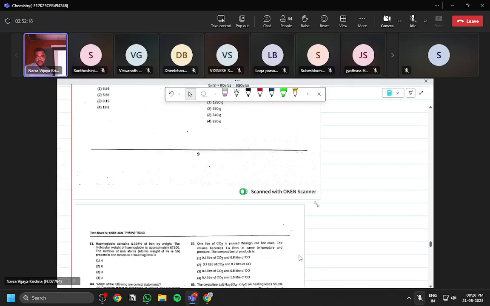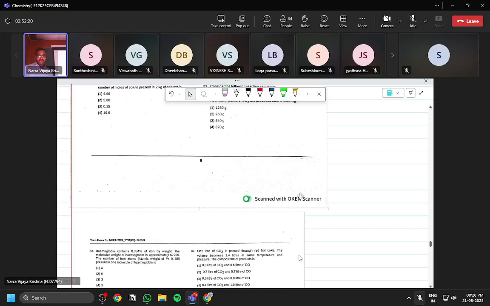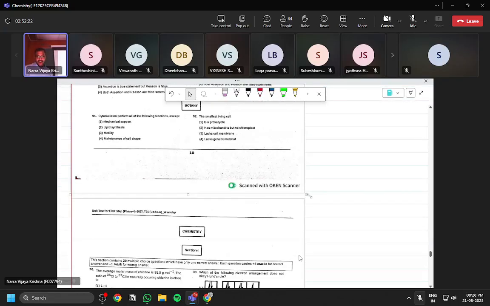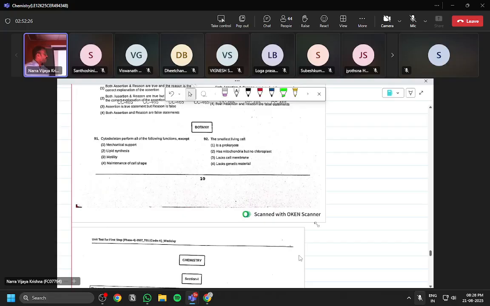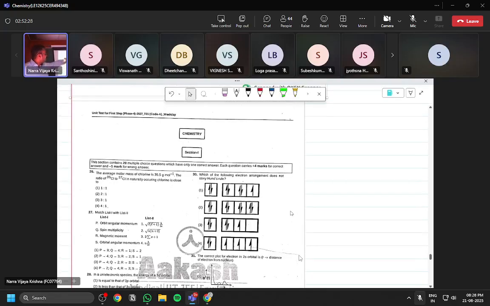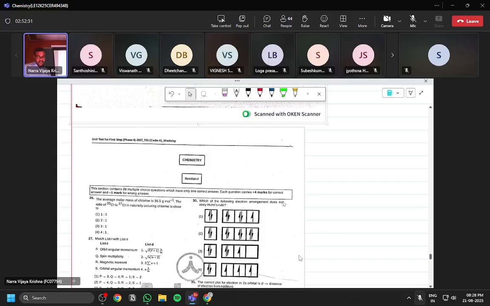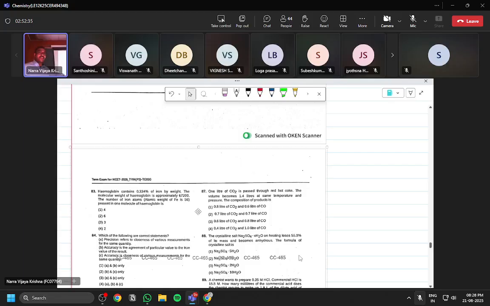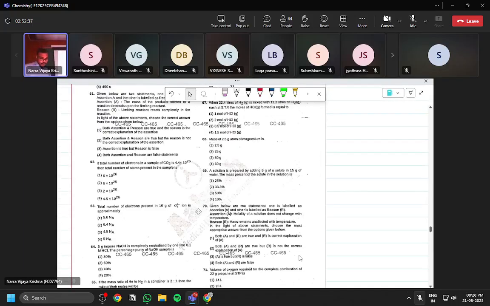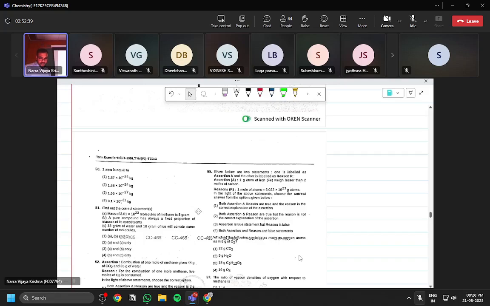All RM, PYM, OYM, FS, all students' papers related to these first 4 chapters I kept. For example, this is class 11 students' paper. The above paper is PYM students' paper, class 11th students' paper. Above that, this is also TYM.